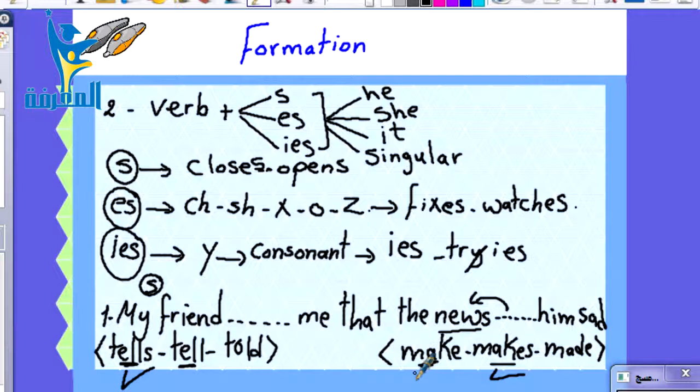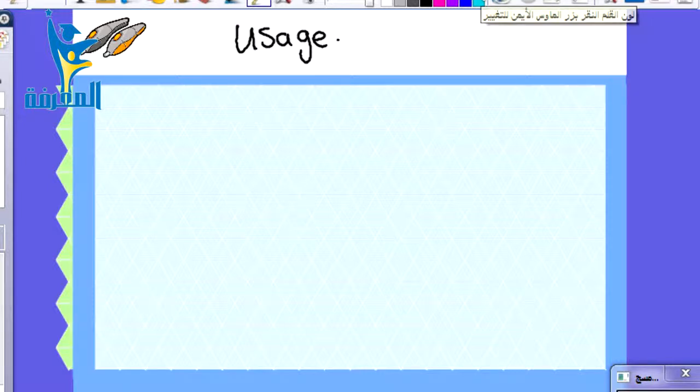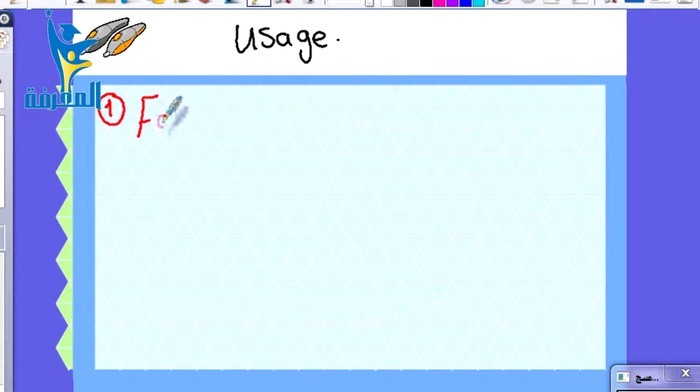We have finished the formation of the present simple tense. Let's start another point. If we are going to talk here about the usage, pay attention, folks. The usage of the present simple tense. It is used, for the first point, for facts.